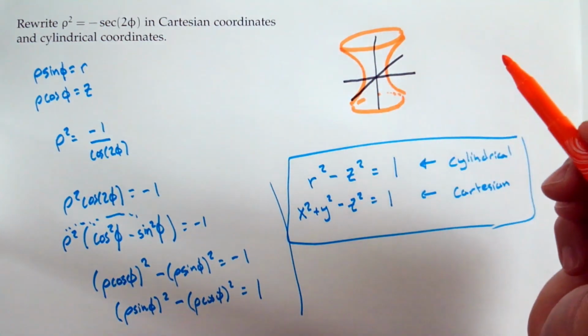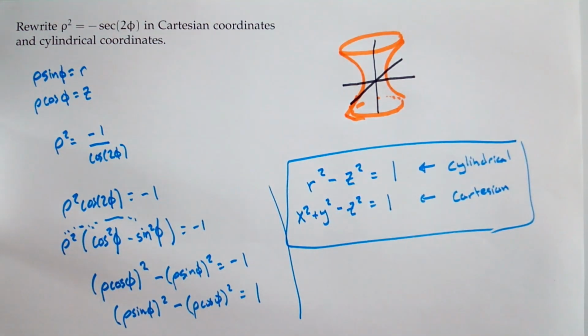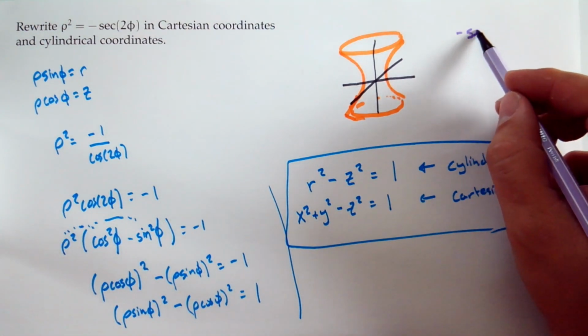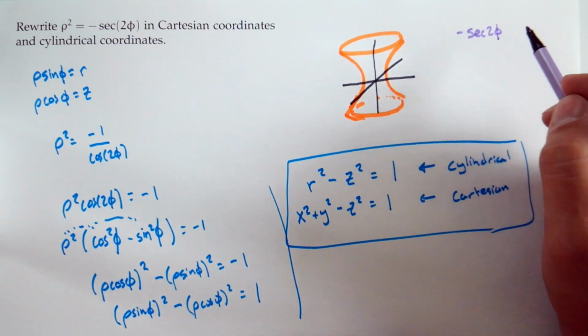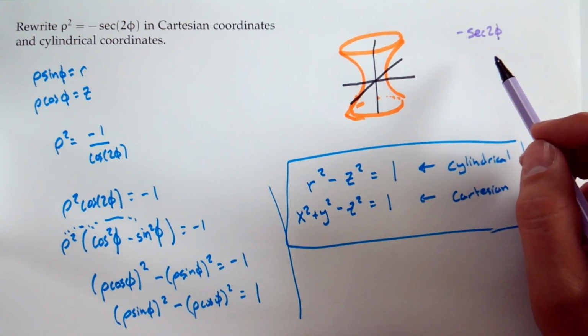Now you might start to ask yourself the question, is this reasonable? That's a great question to ask. So let's see if we can convince ourselves that this is reasonable. If you think about minus secant of 2 phi, I'm going to look at some very special ranges for phi.